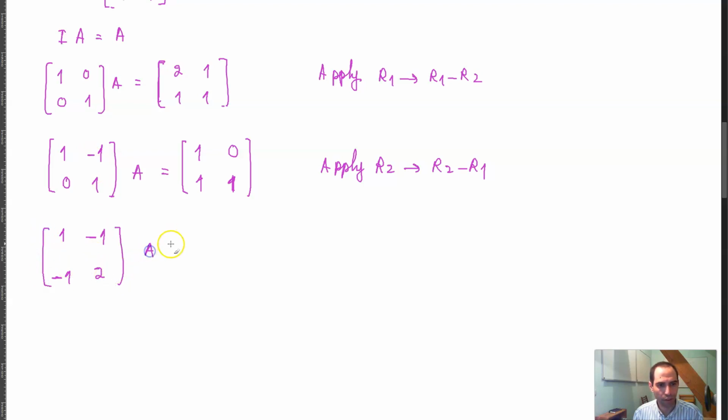And that times A is equal to R2 minus R1, so 1 and 0 remains the same, and 1 minus 1 is equal to 0, 1 minus 0 is equal to 1. Which means that now this is the identity matrix, which means that the inverse of A is equal to 1, negative 1, negative 1, 2. That is the inverse of A.